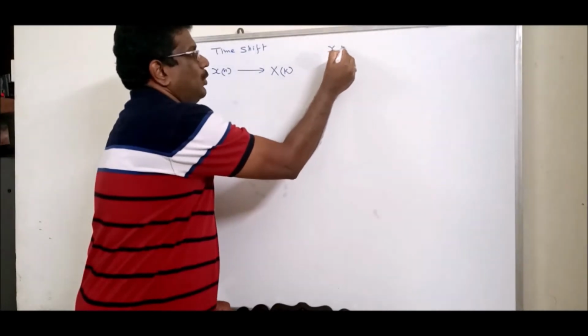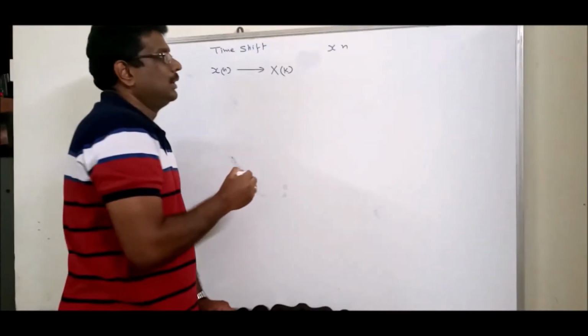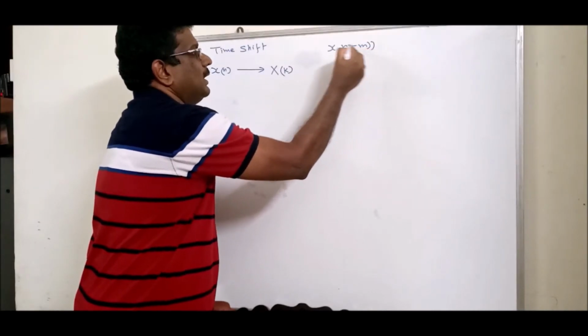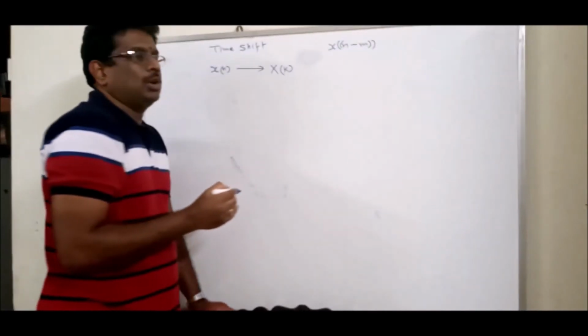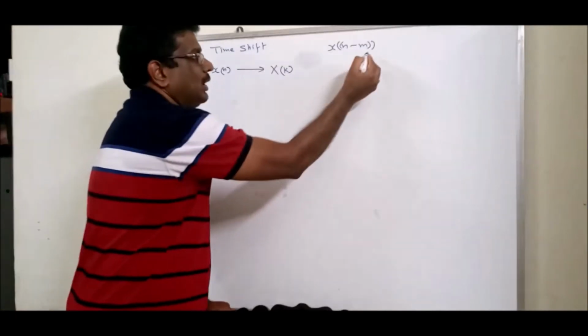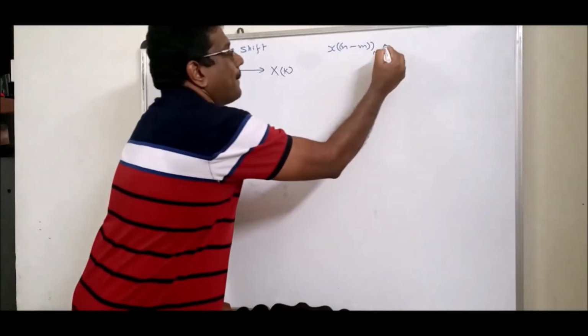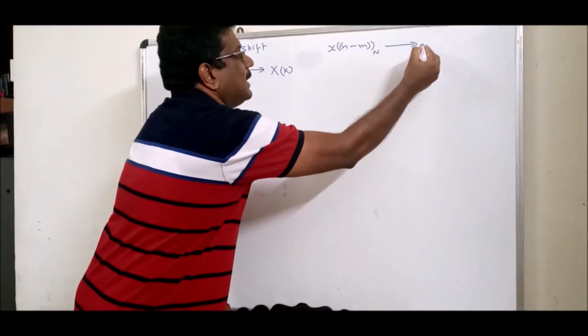Now what does the property say? If this time domain x of n is having a shifting, especially you should know in DSP it is circular shifting, whose modulo is n. And what should be its DFT?